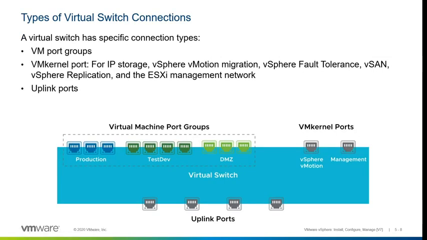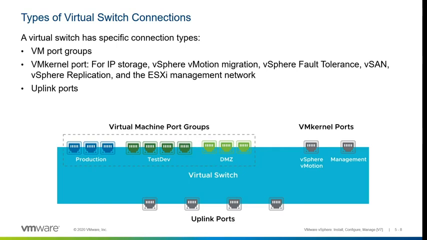Your physical switches typically just have one type of port, right? You're connecting an Ethernet adapter from a device into your physical switch, and it allows all of the devices on that switch to communicate with one another. Well, there's a little bit of a difference in a virtual switch, because in a virtual switch, there are actually two different types of ports. There's one type of port for connecting your virtual machines.